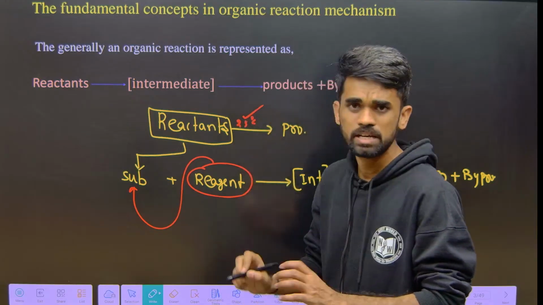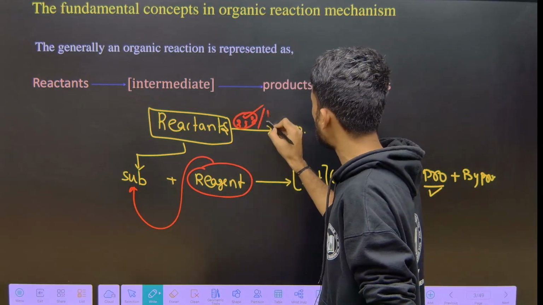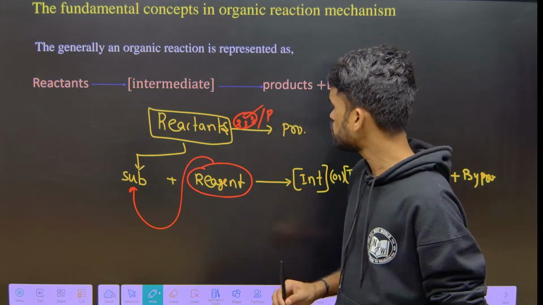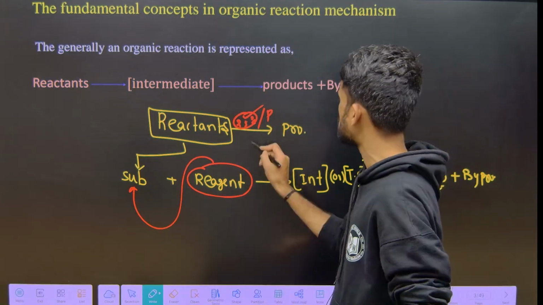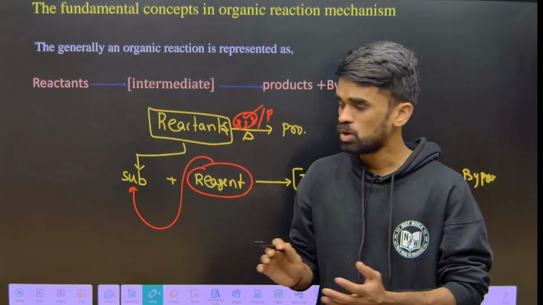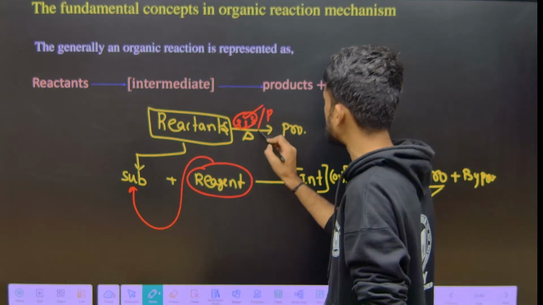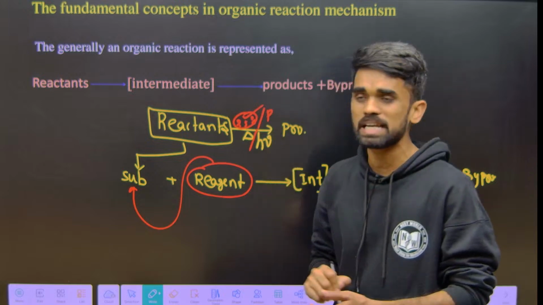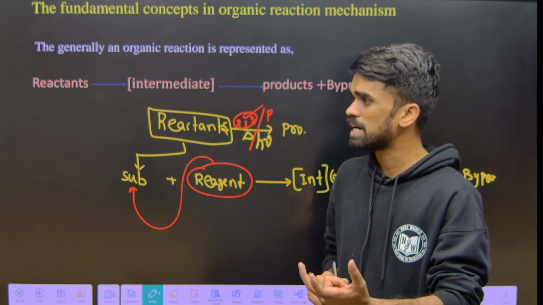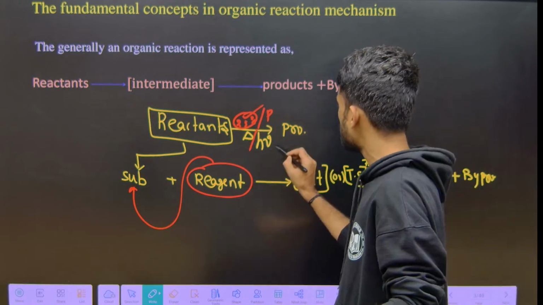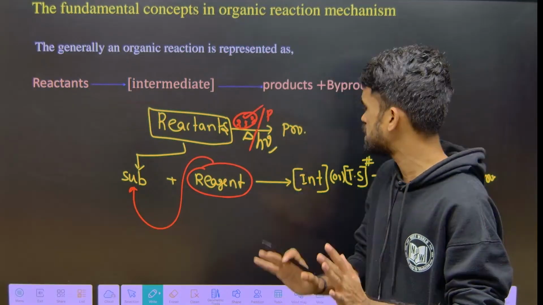If you are heating the reaction you can use a delta symbol here. If the reaction takes place in the presence of sunlight, you can use h nu, which indicates sunlight or a particular frequency. This is the general indication.